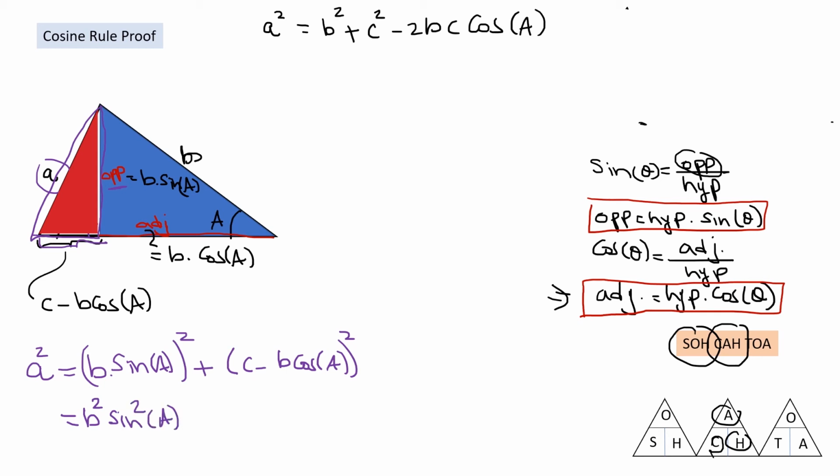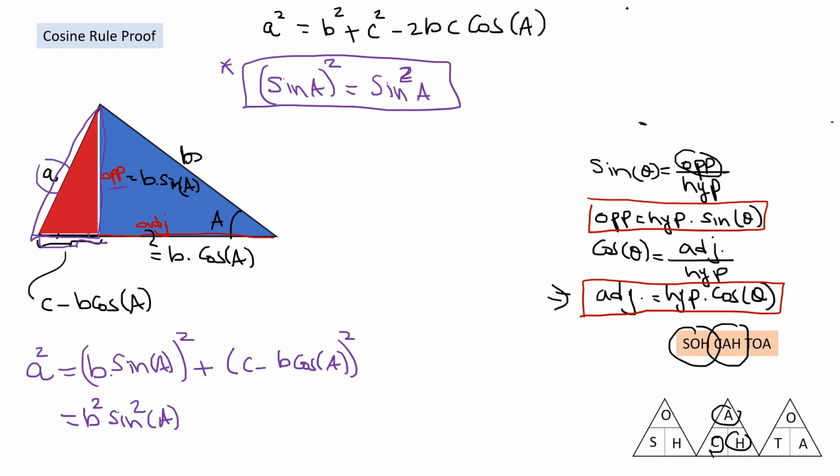Let me remind you that, in trigonometry, instead of writing sine A all squared, we can write sine squared A. So this is a kind of shorthand notation. Remember this.